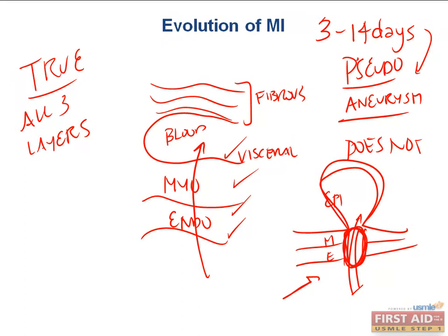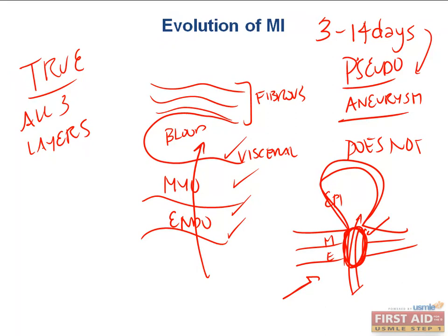The nomenclature might be confusing because we classically hear the term mural thrombus being thrown around with a true, not false aneurysm. But the thrombus that we form here that just temporarily blocked this lumen that was formed from ischemia is also associated with the formation of a mural thrombus. There's a thrombus forming in the wall, right? It is not the classic mural thrombus that you see with a true ventricular aneurysm.